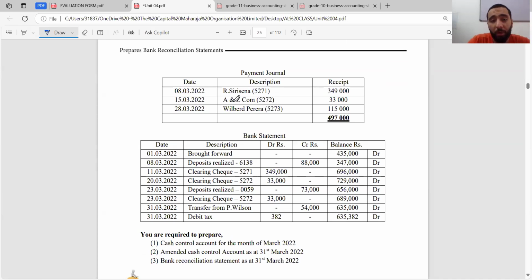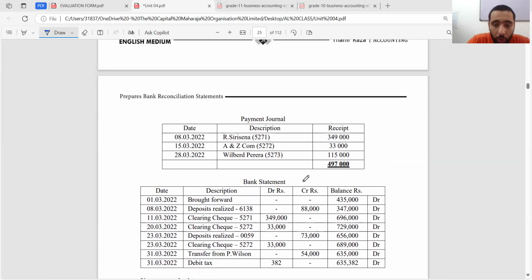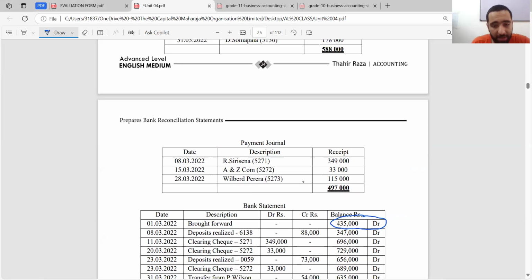Before moving on to this question, please listen to me carefully. If not, you all won't understand. This value, 435,000, is a debit balance. In this question there is a debit balance of 435,000.